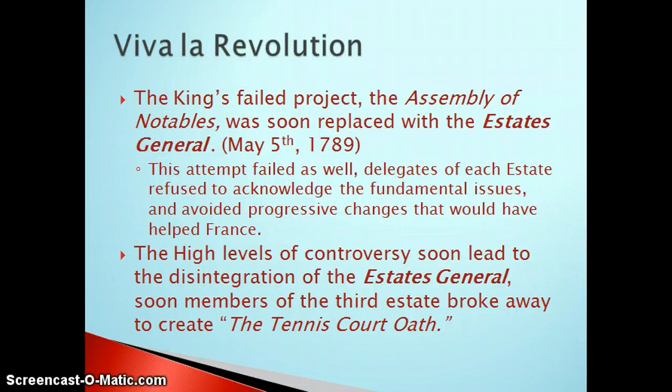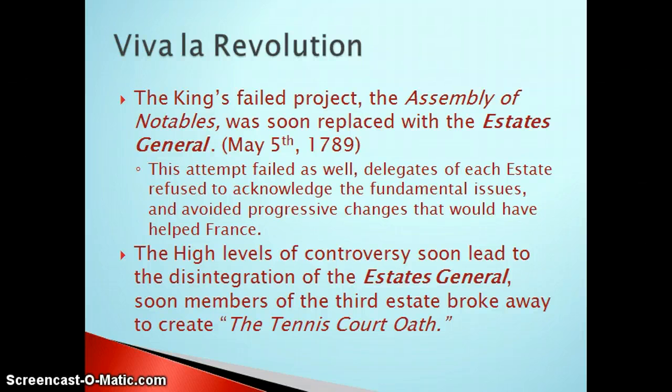But this attempt failed as well. Delegates from each estate refused to acknowledge the fundamental issues, the issues of taxation, of economics. There were too many issues to even focus on. It's not really a surprise they couldn't fix them. And overall, the Estates Generale avoided progressive changes that would have helped France.